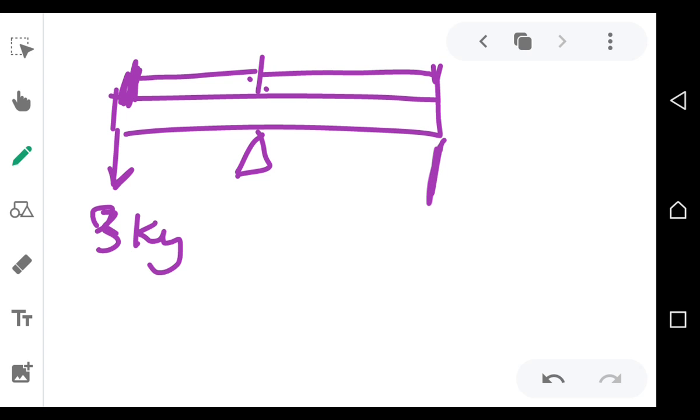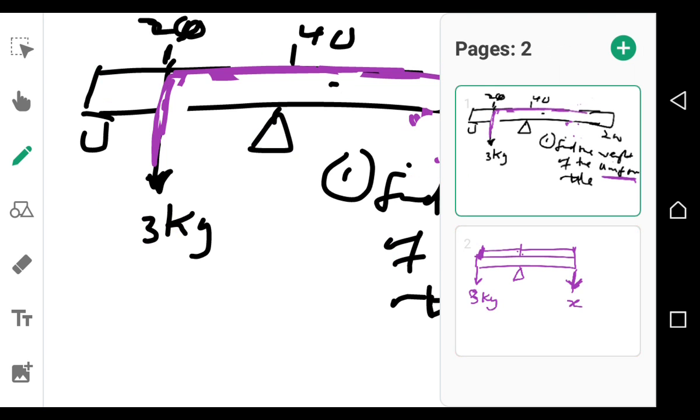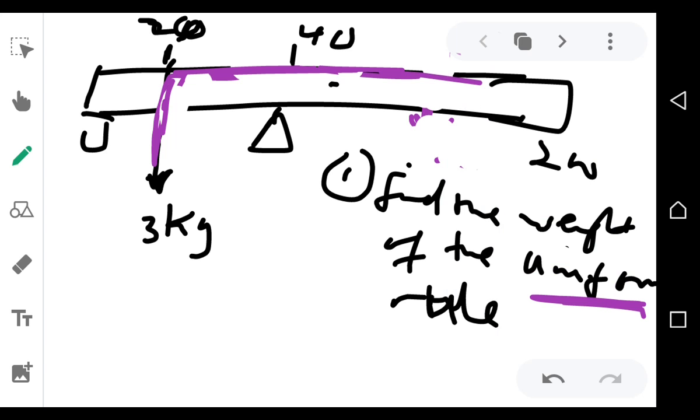Here it's X, because it's acting halfway. This is the full question, so when you're writing the question, write it like this. But for analyzing now, it's acting halfway here. That's where X is.